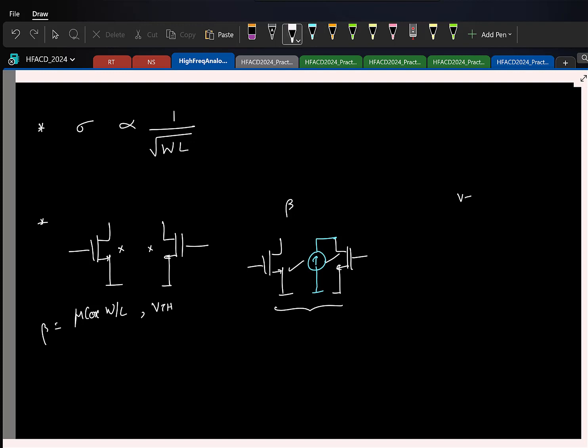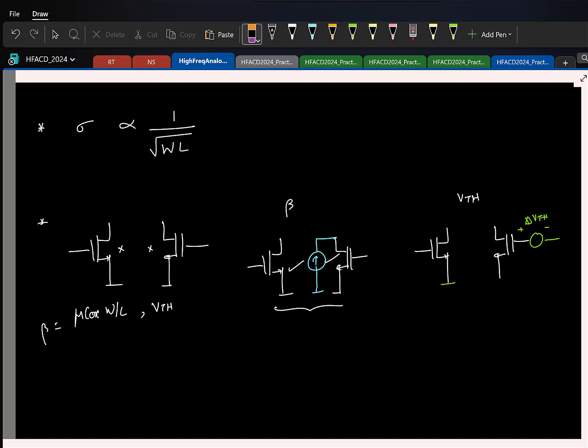Similarly, for threshold voltage mismatch, we assume the transistors have the same threshold voltage, but the error comes from a hypothetical voltage source added to the gate of one of the transistors.